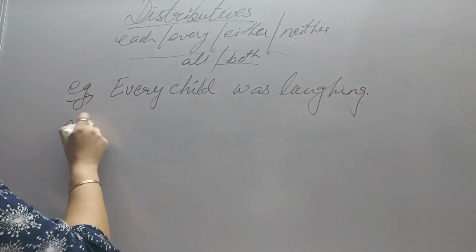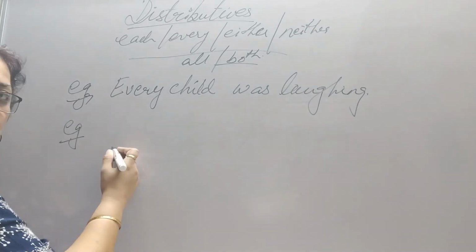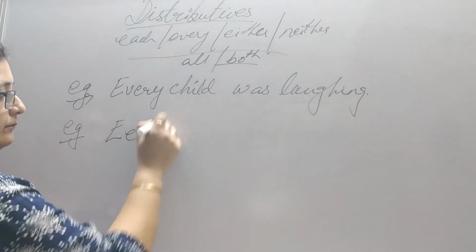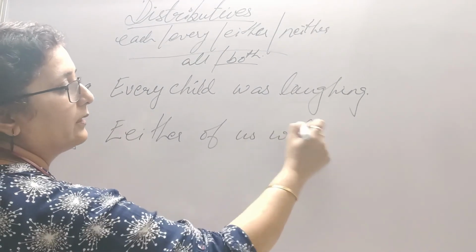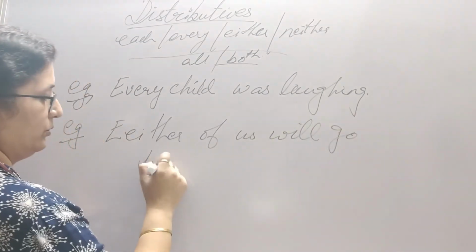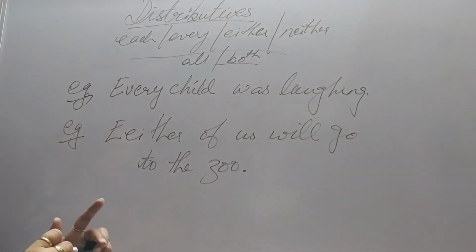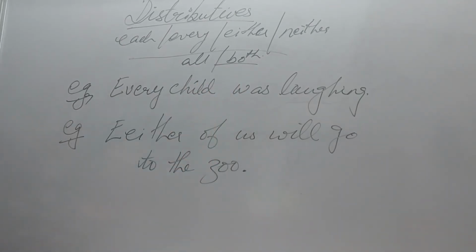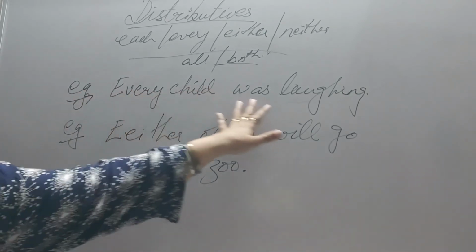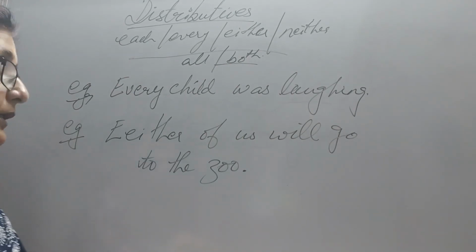Let's take another example: either of us will go to the zoo. Now, as a whole, we are talking about every child. In the class or somewhere there, every child was laughing, right? When we talk about every child laughing, individually, every person, the distribution has been given there.